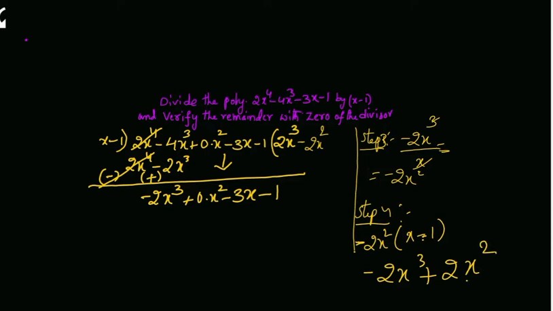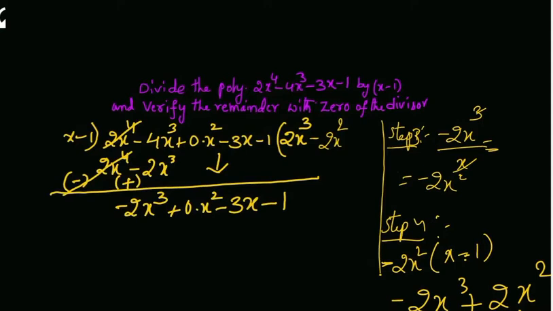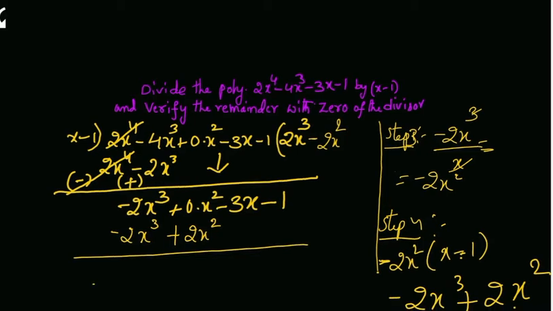You have to write these two here. Just write that minus 2x cube plus 2x square.